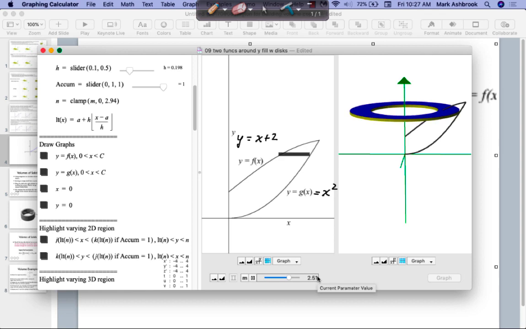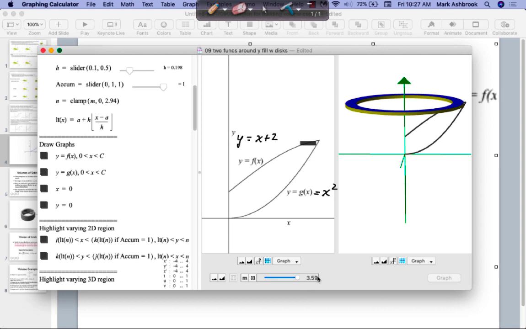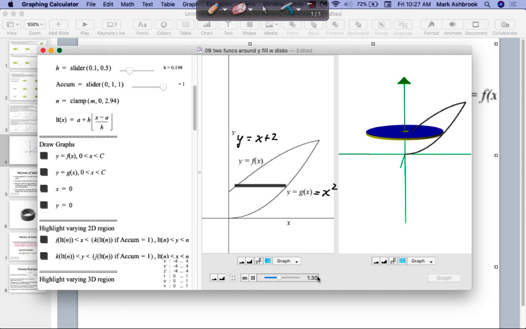Am I showing in this animation x increasing through delta x intervals or y increasing through delta y intervals? Start again. There we go. So y is increasing through delta y intervals, is that right? And so what do you notice about this that's different?